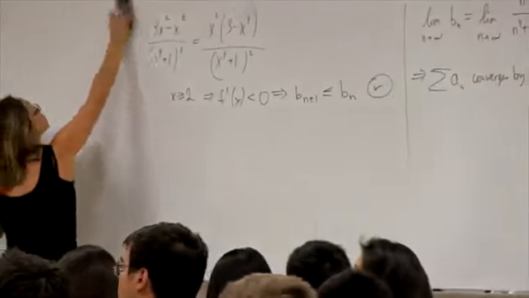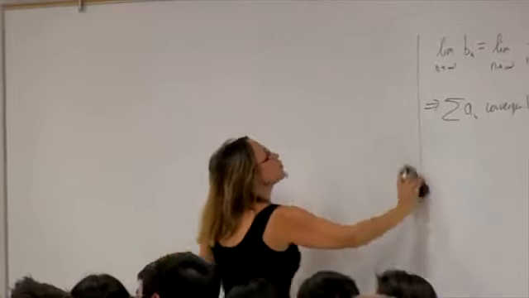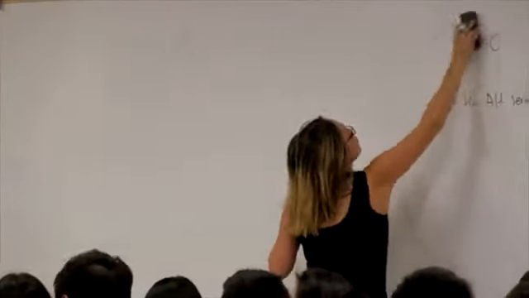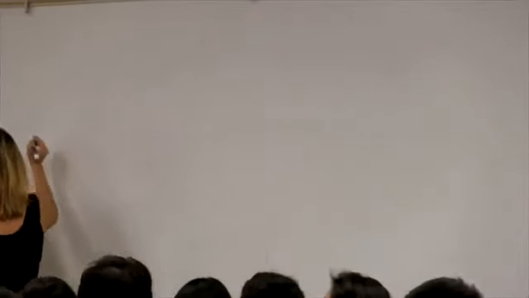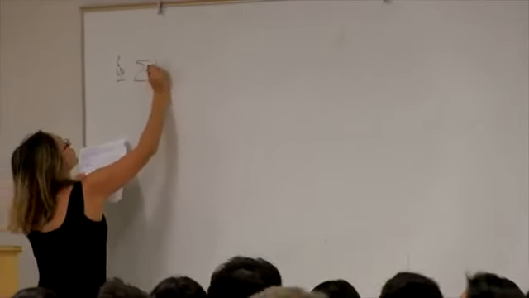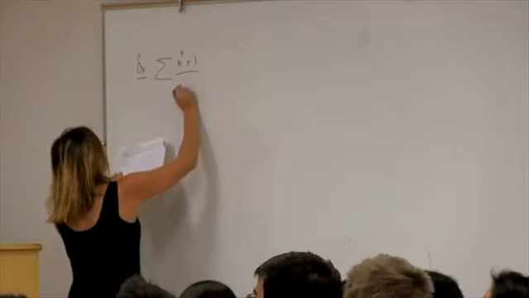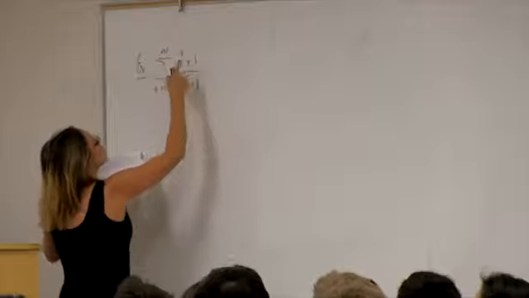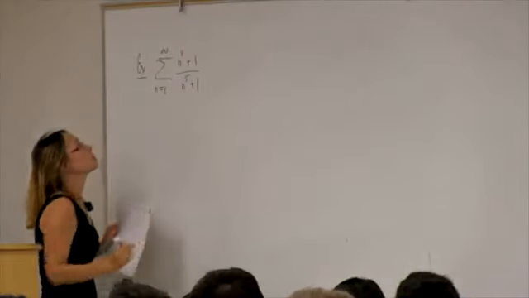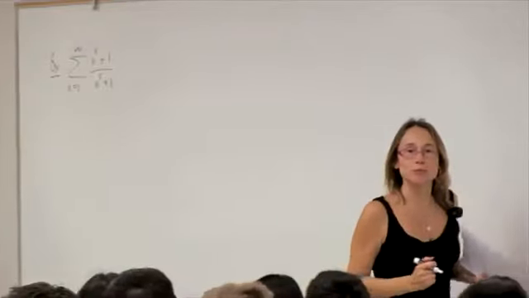I have many more examples here. We can continue when we prepare for the final, but I'll start doing some of them. So we can look at the following: n to the 4th plus 1 over n to the 5th plus 1. You can see that there are two polynomials.